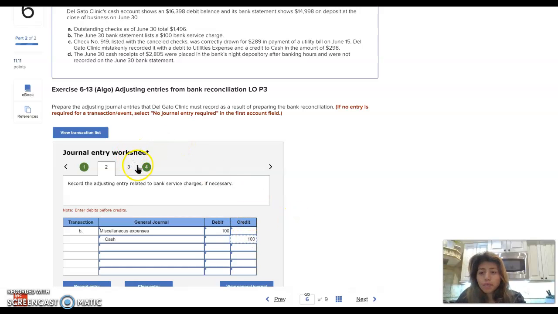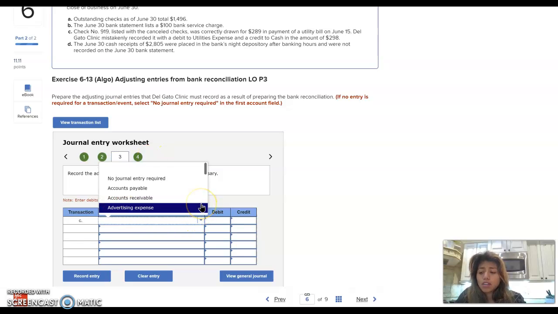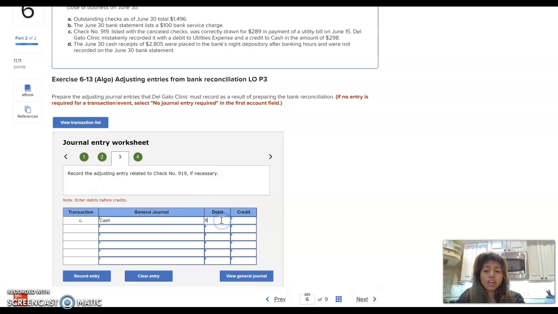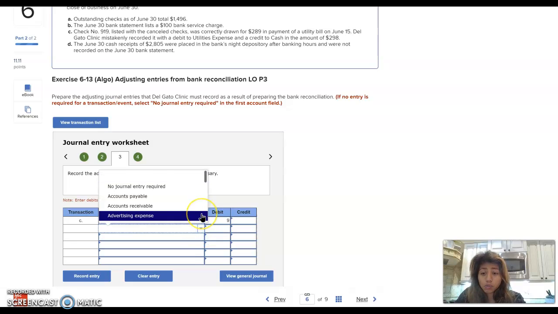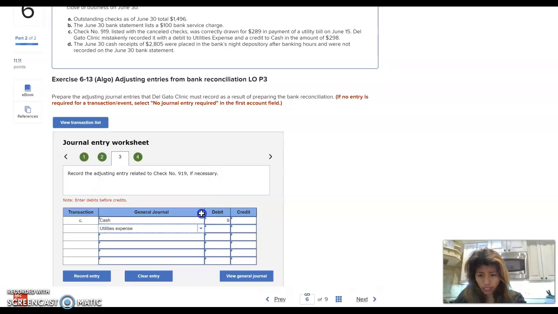And for number 3, we were adjusting stuff in the book entry, so we are going to add that here as well. So we adjusted cash, so it was $9, and it was for utilities expense, so we will credit that right here, $9.